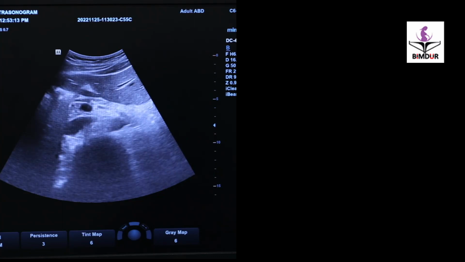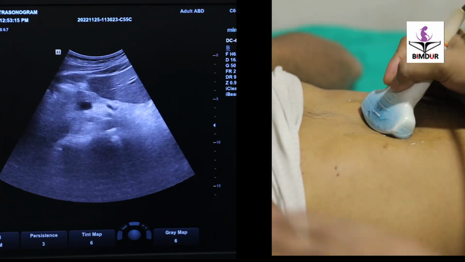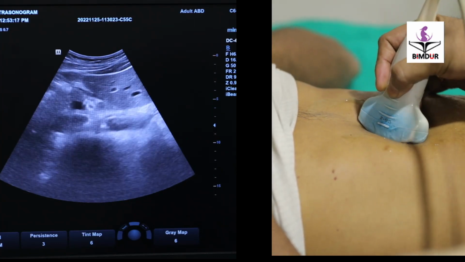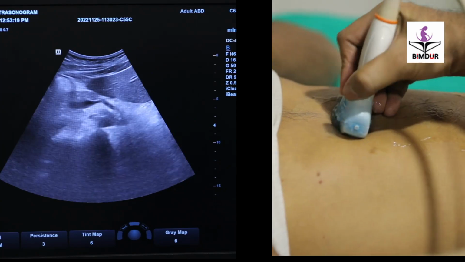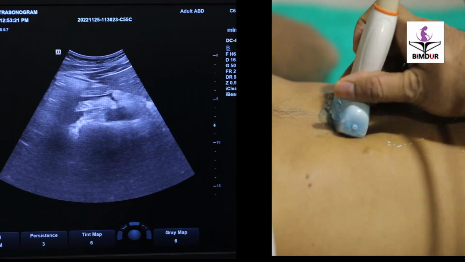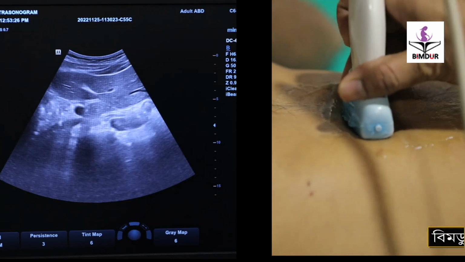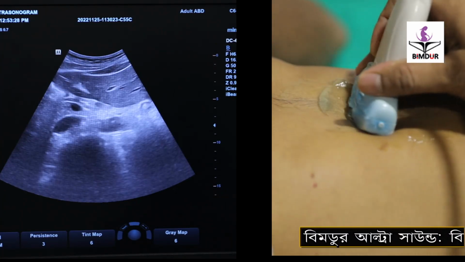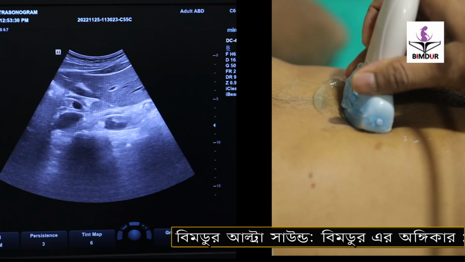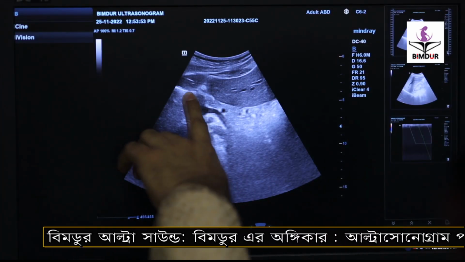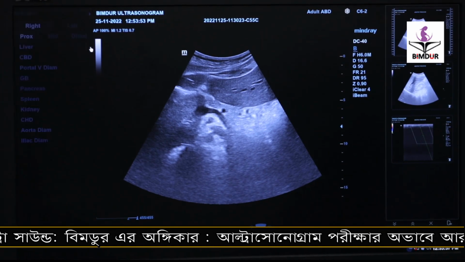This is pancreas view, and this is real time mode. In real time mode, we see the pancreas, and on the upper side the left lobe of liver, splenic vein, portal vein, and abdominal aorta pulsation. This is the pancreas.